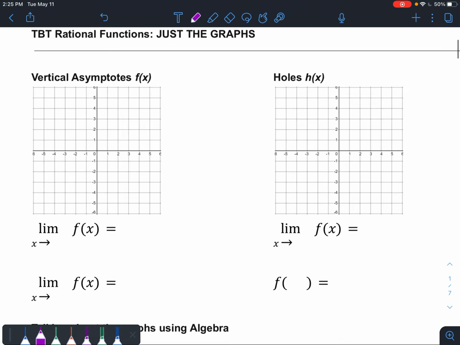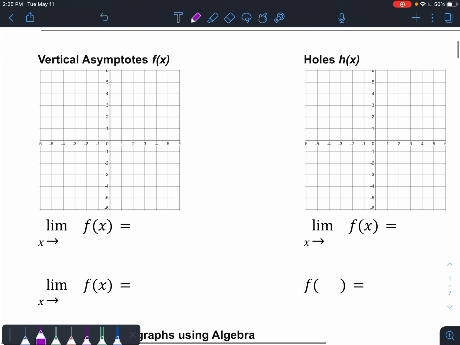Okay, so the first thing is vertical asymptotes. I'm going to draw a random vertical asymptote at 2, just because I can. Let's create something that goes that way, and then something that goes that way.